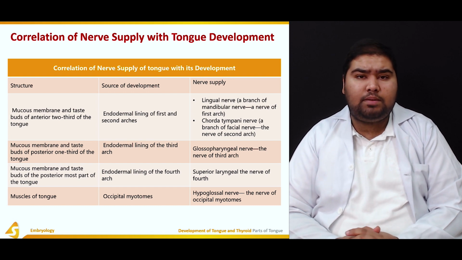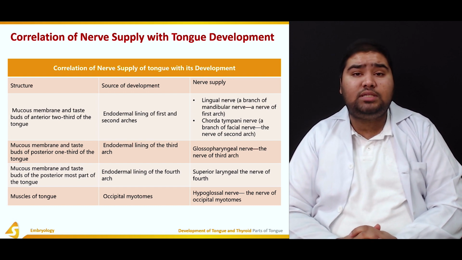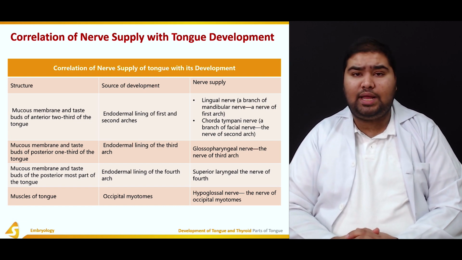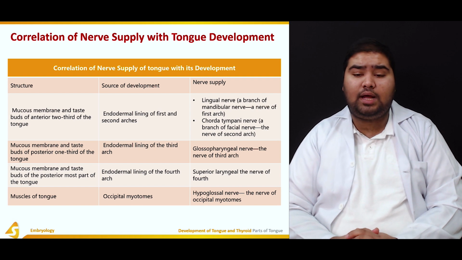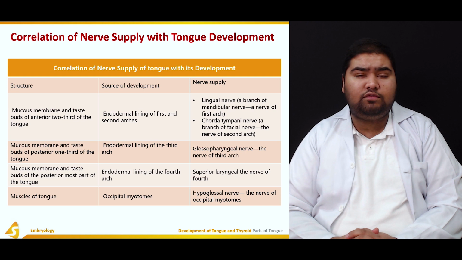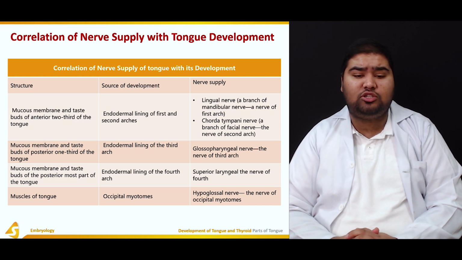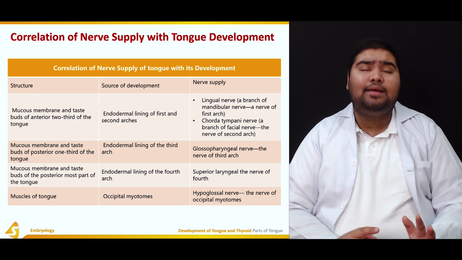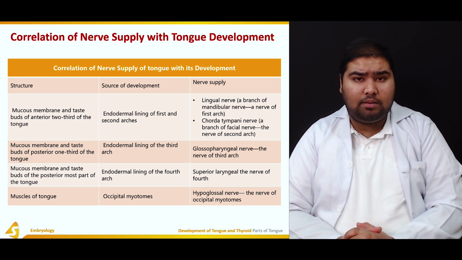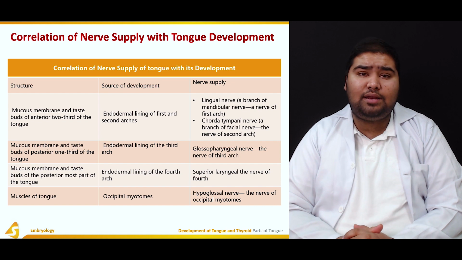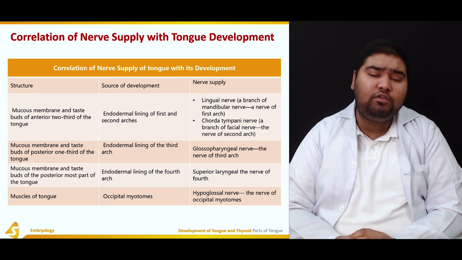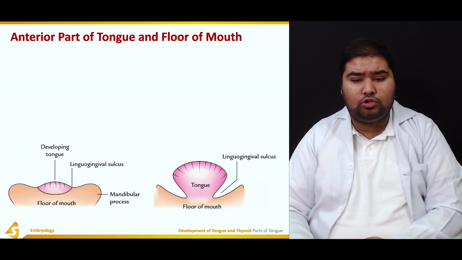Now the mucous membrane and the taste buds of the posterior most part of the tongue develop from the endodermal lining of the fourth pharyngeal arch and are supplied by the superior laryngeal nerve of the fourth pharyngeal arch, which is a branch of the vagus nerve. And the muscles of the tongue are developed from occipital myotomes, and they retain their nerve supply, that is the hypoglossal nerve, which is the nerve supply of occipital myotomes.